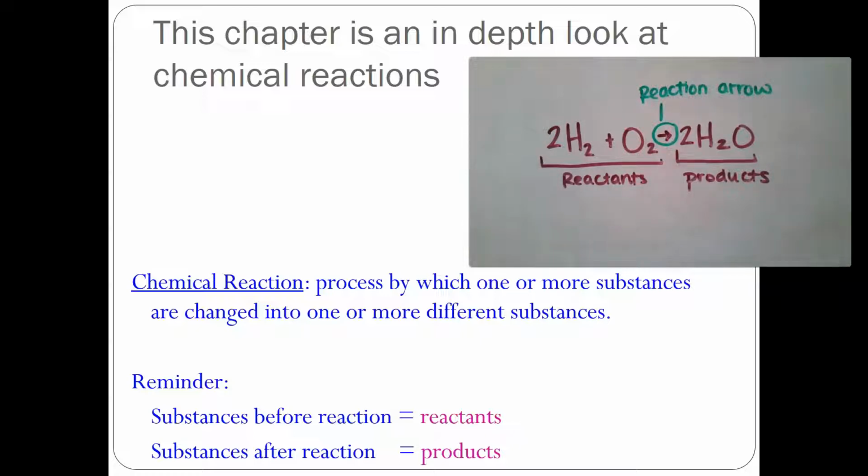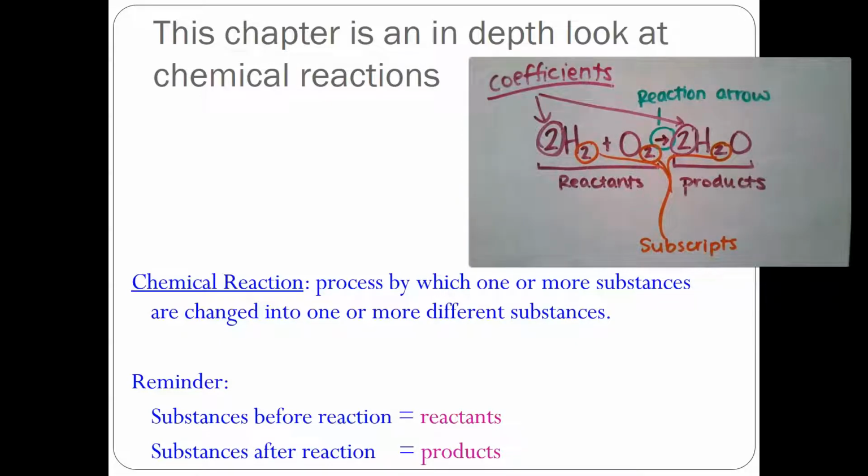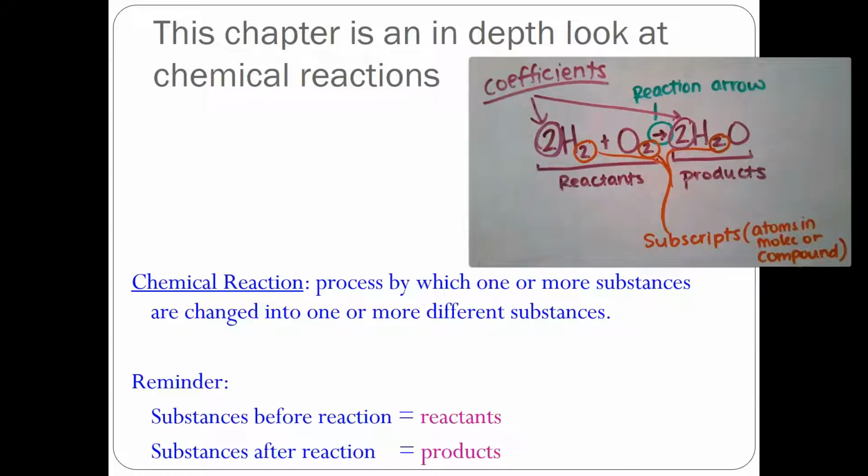We can see the individual subscripts, and these subscripts indicate how many of each atom are in each molecule. And then, last but not least, we have our coefficients, and the coefficients tell us how many of each molecule or compound we have. So the subscripts tell us how many atoms are in a molecule or compound, and our coefficients are telling us how many molecules are in the reaction.